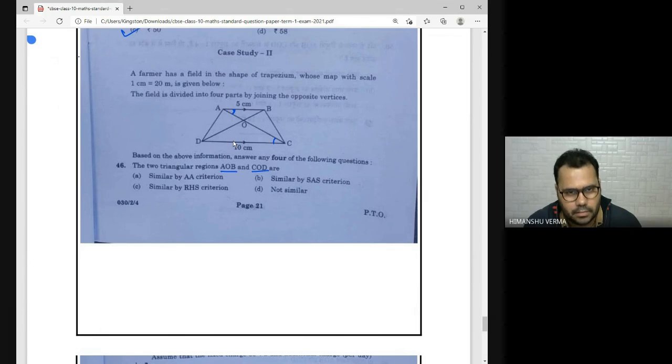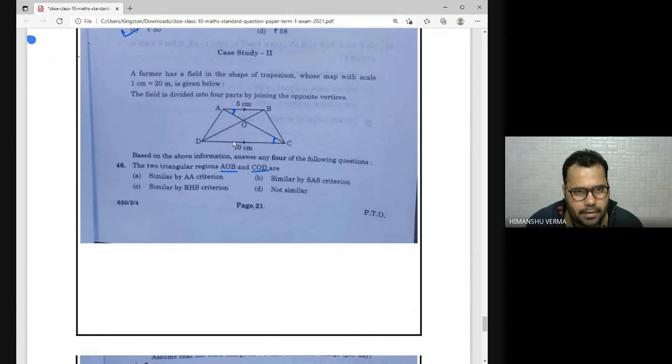Because angle OCD is congruent to angle BAC because of corresponding angles, and angle DOC and angle AOB are equal because of the intersecting lines theorem. They are saying congruency, right? This angle is equal to this angle. Yes, alternate angle.